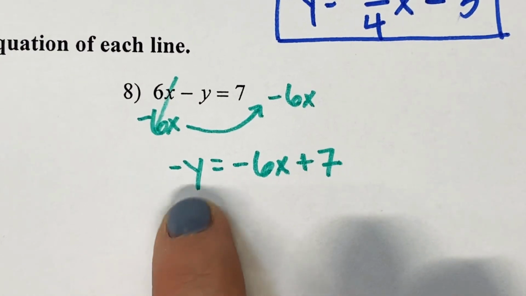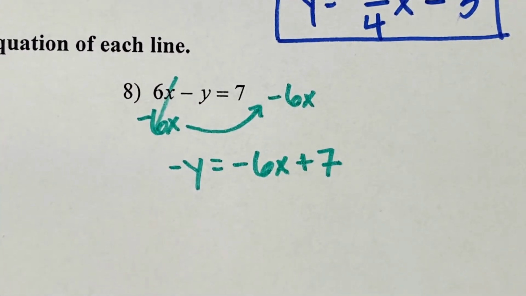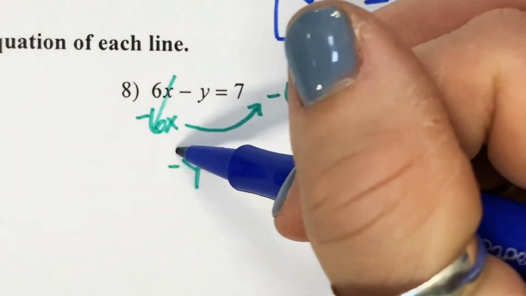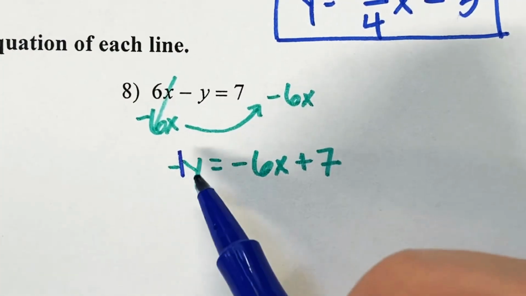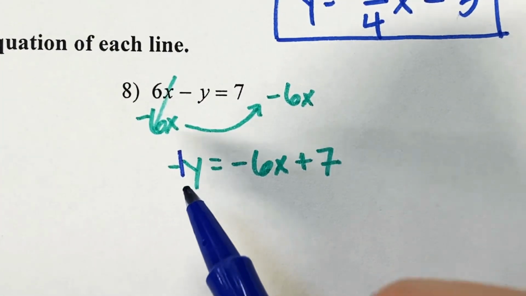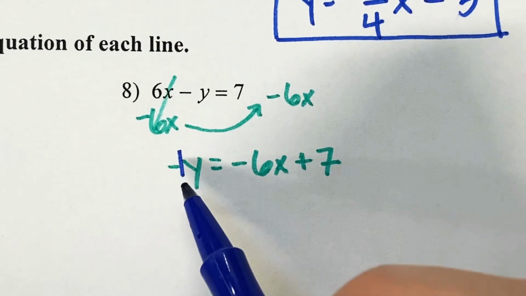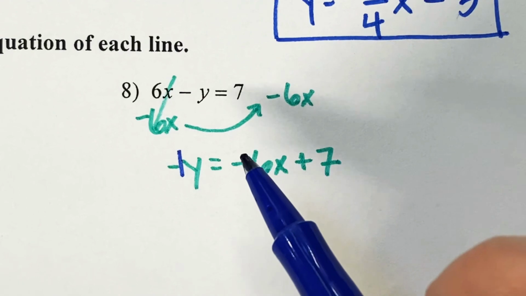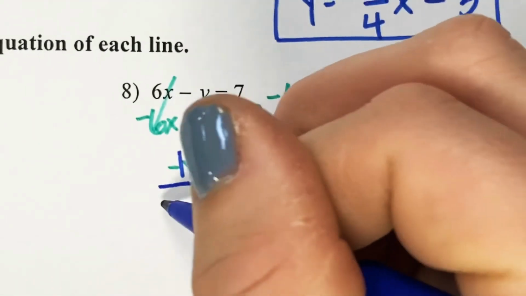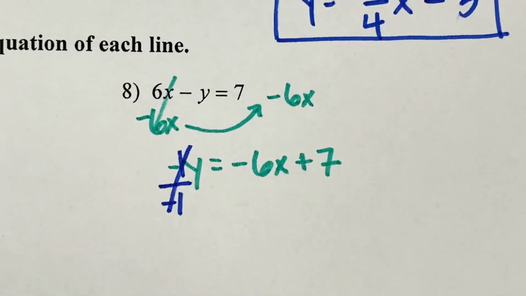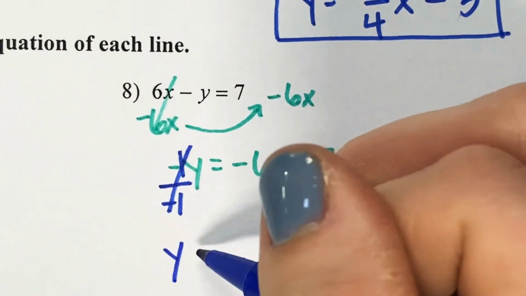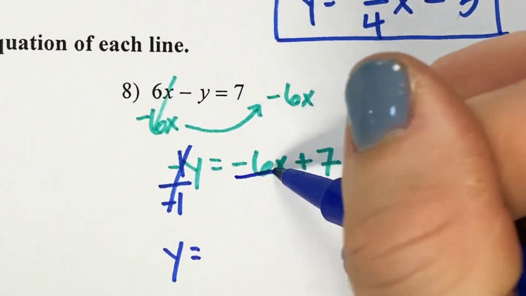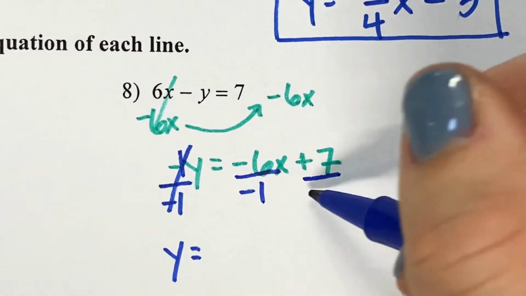We still have this negative sign to get rid of, which technically is a negative 1 that's being multiplied to the y. What's the opposite of multiply by negative 1? We're going to divide by negative 1. That gives me my y all by itself over here. Divide by negative 1 and divide by negative 1.